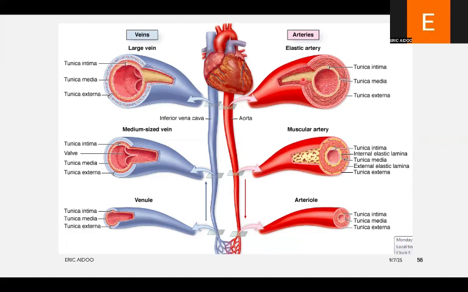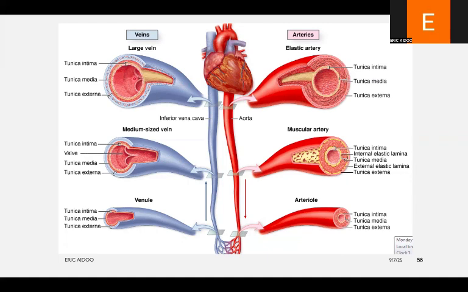And then also the vein will have fewer smooth muscles, that is in the tunica media, compared to the tunica media of an artery. There's more smooth muscle, and then also elastic fibers there.